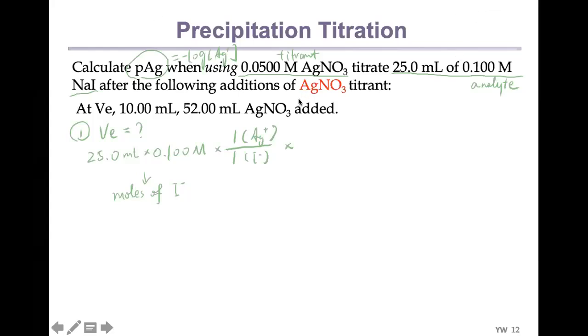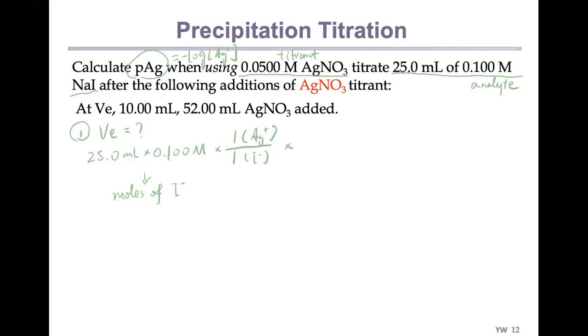Wouldn't it just be the mole-to-mole ratio of silver and silver nitrate, which is 1? And then, so what after this? So it would be 1 mole of silver nitrate over 1 mole of silver, since it's a 1-to-1 ratio, right? Yeah, it's the same thing. And after that, you get moles over liters, which is the 0.0500 molarity of silver nitrate.